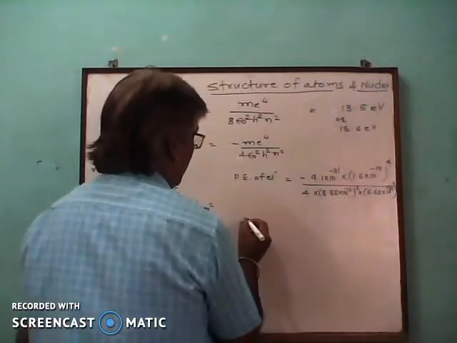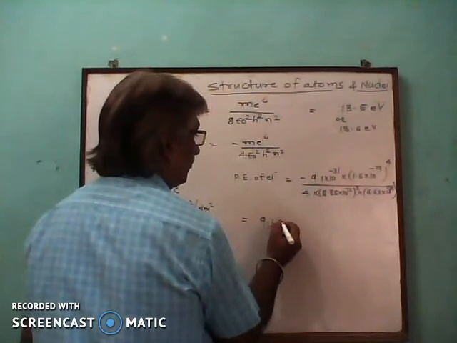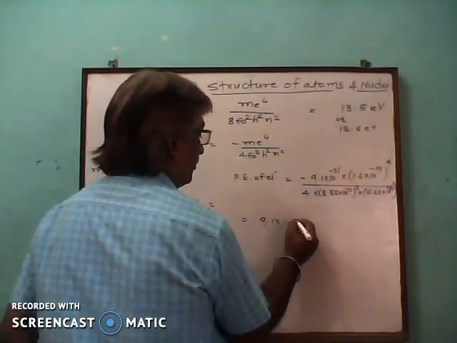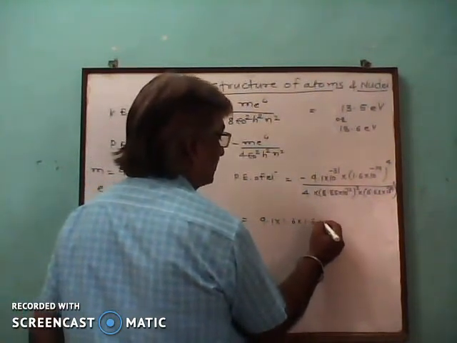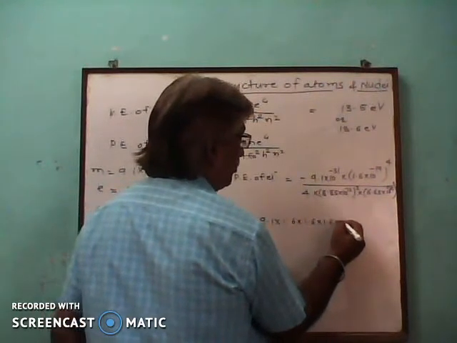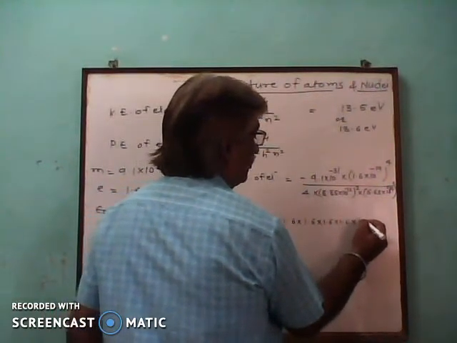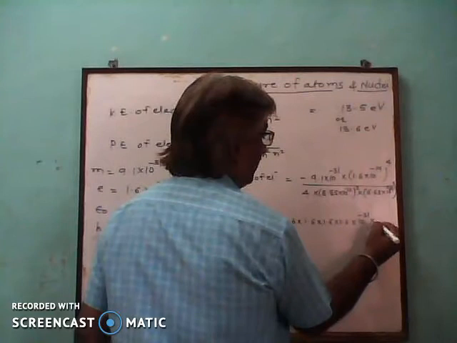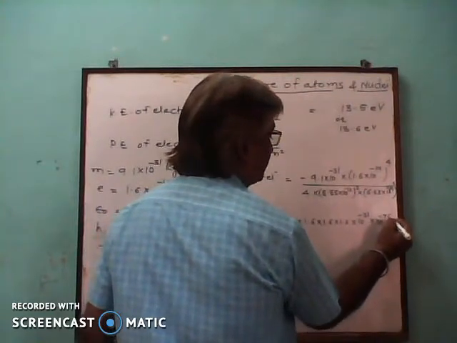Okay, it will be written as 9.1 into 1.6 into 1.6 into 1.6 into 1.6, 10 to the power minus 31 into 10 to the power minus 76.